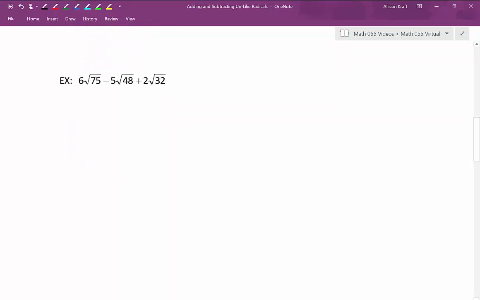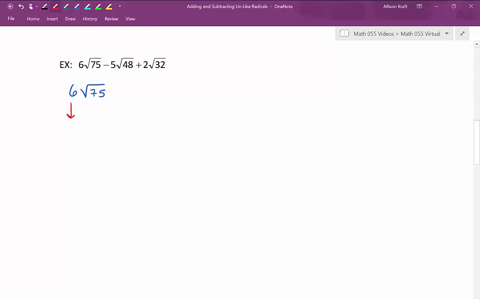Let's take a look at one where not only do we have to simplify the radical, but there's a number out in front. It's just important that you don't forget about that number out in front. So starting with 6 square root of 75. Remember to continue to bring down this 6.